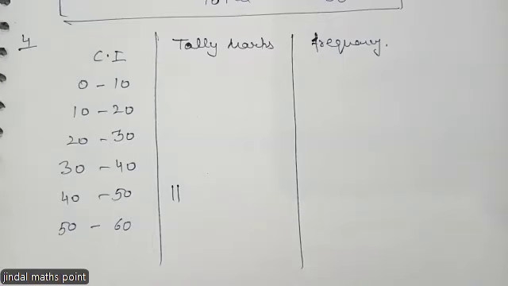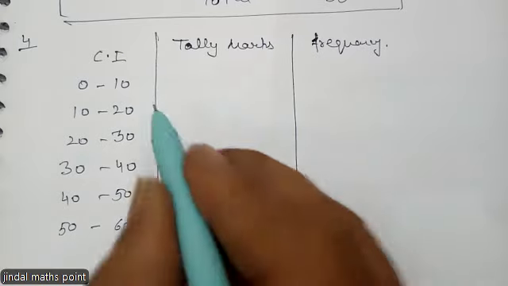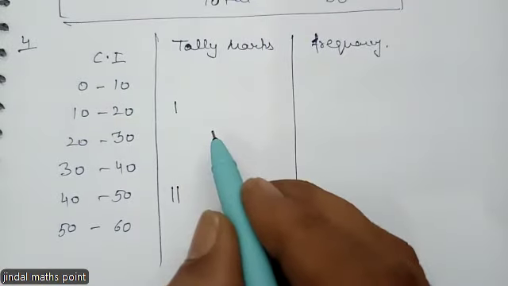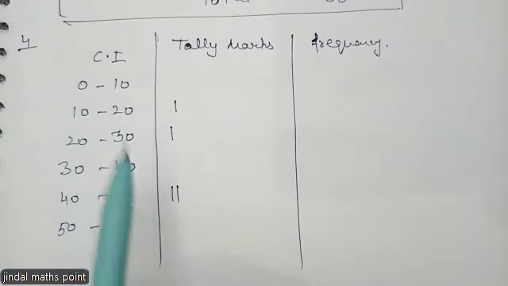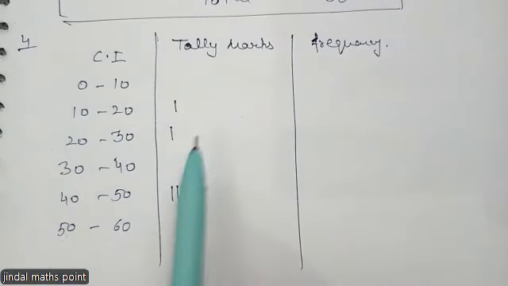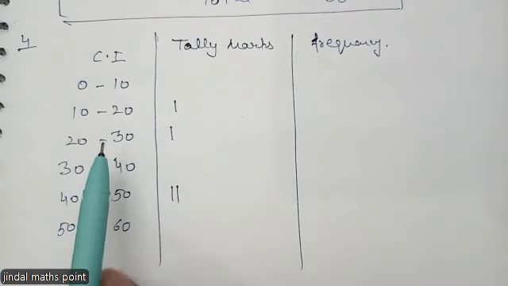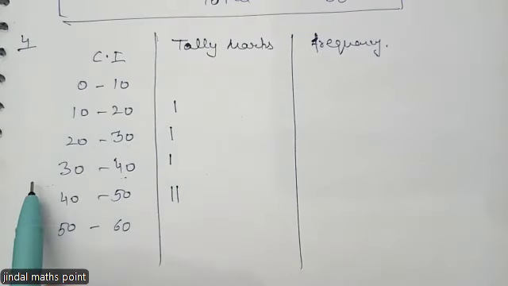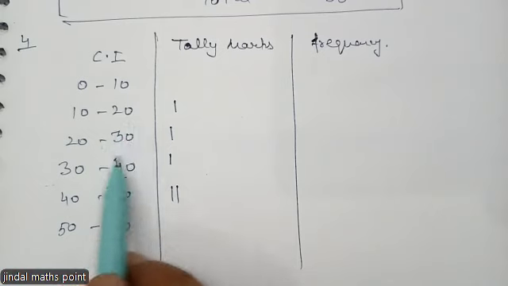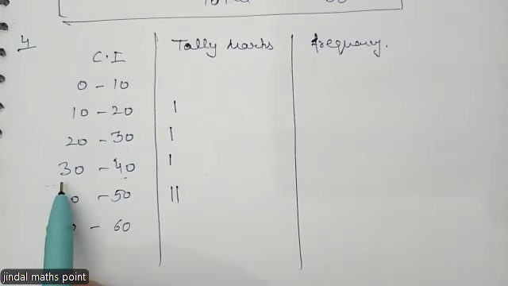Oh, 10 to 20. Yes. Then 23. Here. 30. 30 lies between third and fourth. Just tell me. In this one or in this one? 40. Yeah, very good. Because this is continuous, 30 is not included in the upper limit, but in the lower limit.